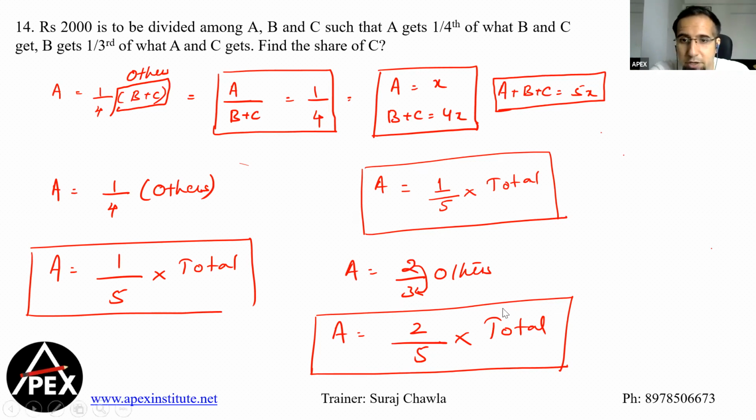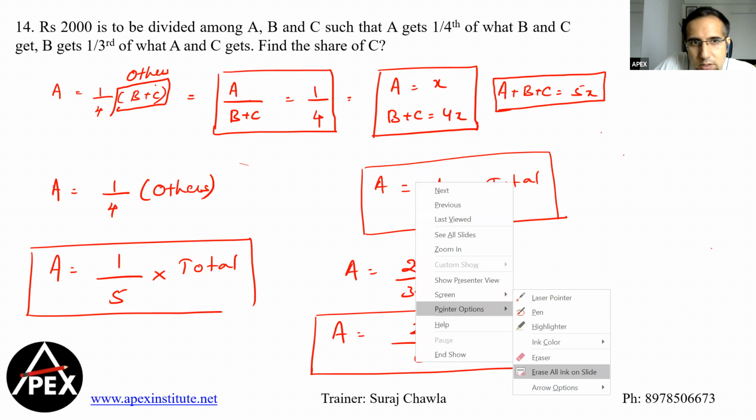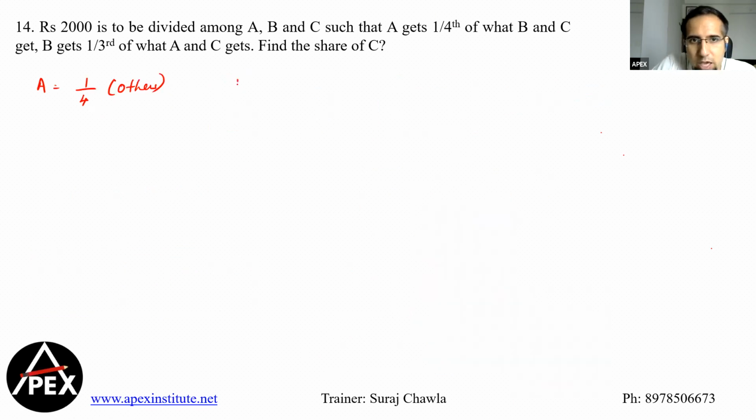So I again repeat here that if I am given A is equal to 1 by 4th of others, the shortcut here says A is equal to 1 by 5 of total. So 1 by 5 of total, which is 2000, is going to be 400. Clear?